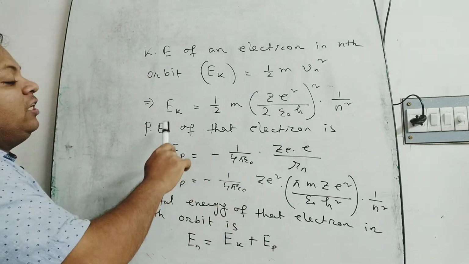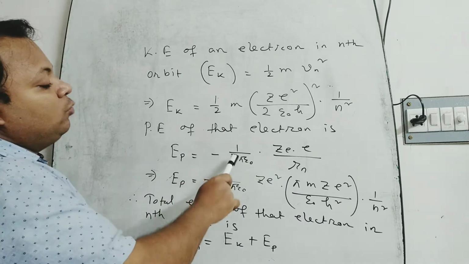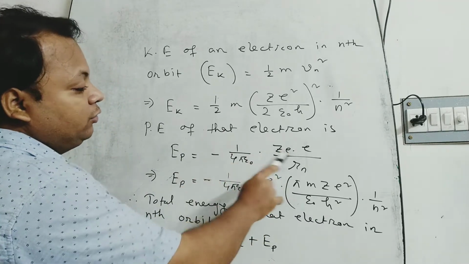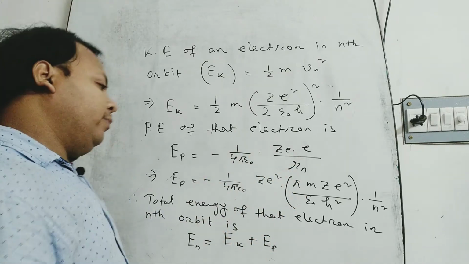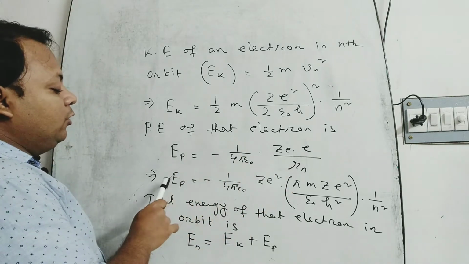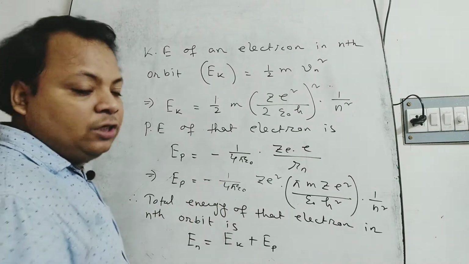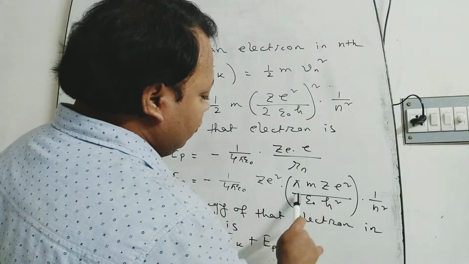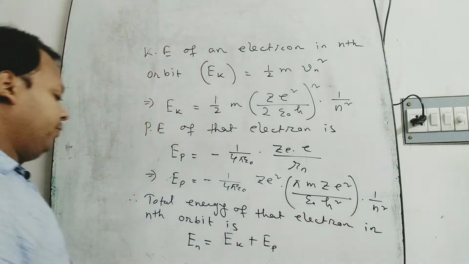And the potential energy of that electron is Ep equal to minus 1 by 4 pi epsilon 0 into Ze, this is the charge of the nucleus, into e, that is the charge of an electron, by Rn. This gives Ep equal to minus m Z square e to the power 4 by 4 epsilon 0 square h square into 1 by n square.